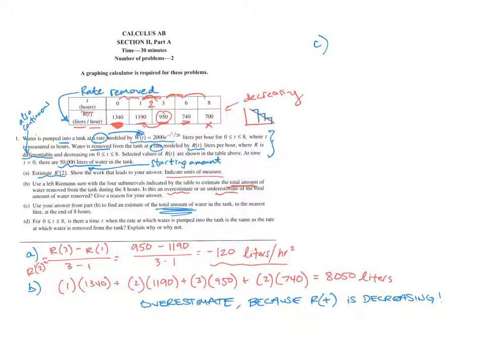So our total amount is going to be what we started with, plus what we pump into the tank, and then minus what's being removed. Okay, so we're trying to find our total amount.